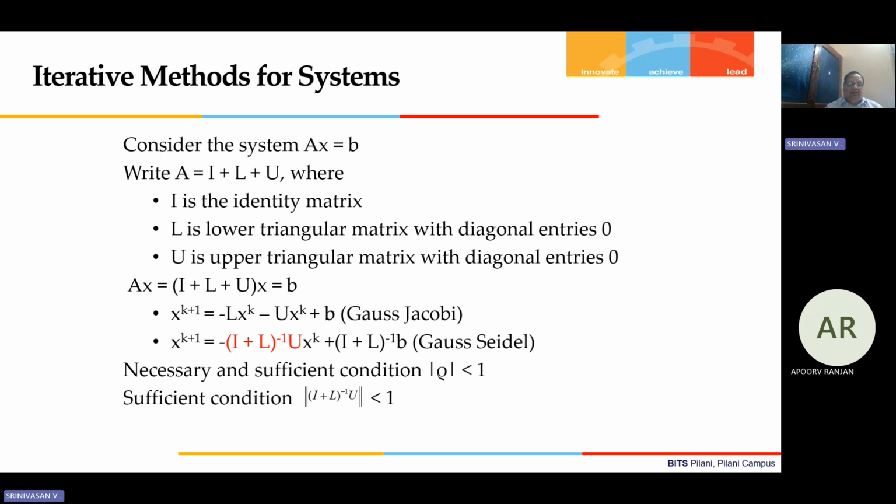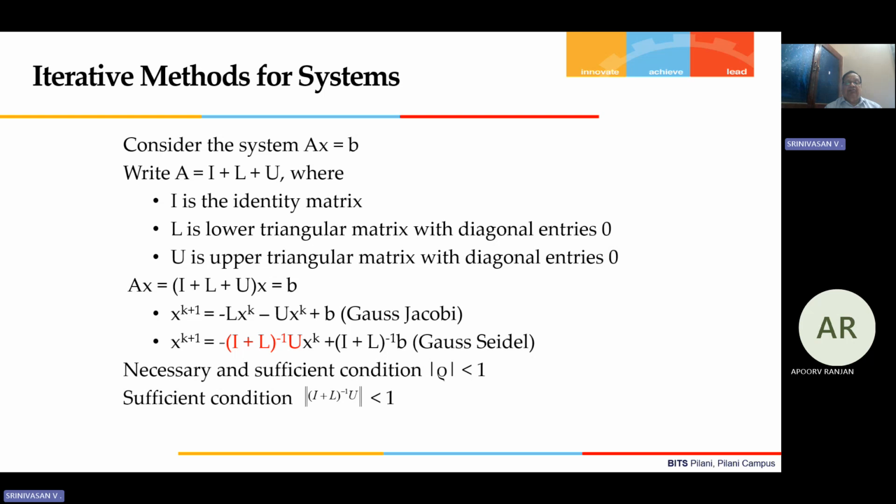But this condition is actually for convergence for the Gauss Seidel method. That is the norm of this portion only. When you take the norm, you don't need to bother about the minus, isn't it? Because the norm of minus (I plus L) inverse into U becomes the norm of (I plus L) inverse into U, because the norm of minus means the modulus of minus 1, which is plus 1.